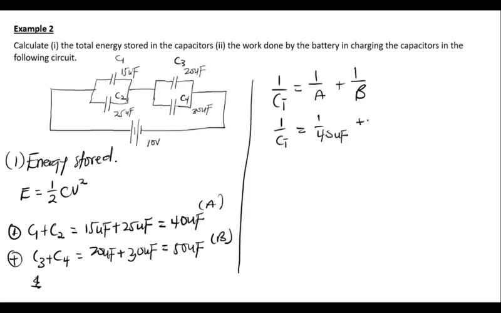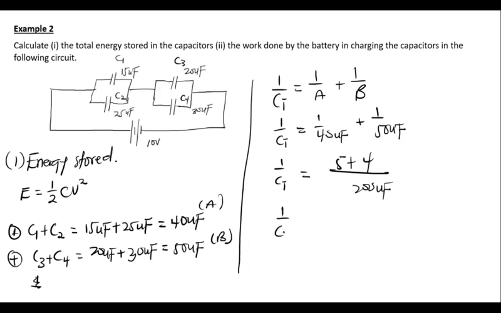microfarad plus 1 over 50 microfarad. So 1 over Ct is equal to, we have 200 microfarad as the LCM. This goes here 5 times, multiplied by 1 is 5, plus this goes here 4 times, multiplied by 1 is 4.